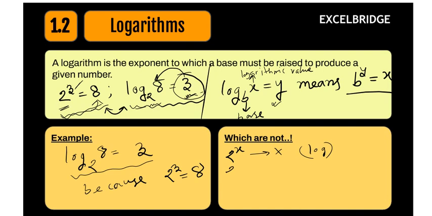Another, x square plus 3x, is also not a logarithm. This is a polynomial expression. Similarly, this one is not a logarithm because it is x power half, and so many functions are not logarithms. We just have to see whether there is log or ln.